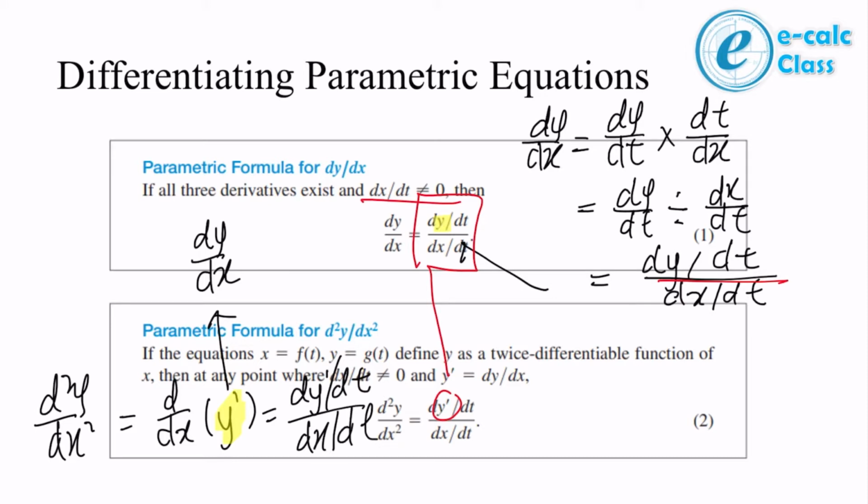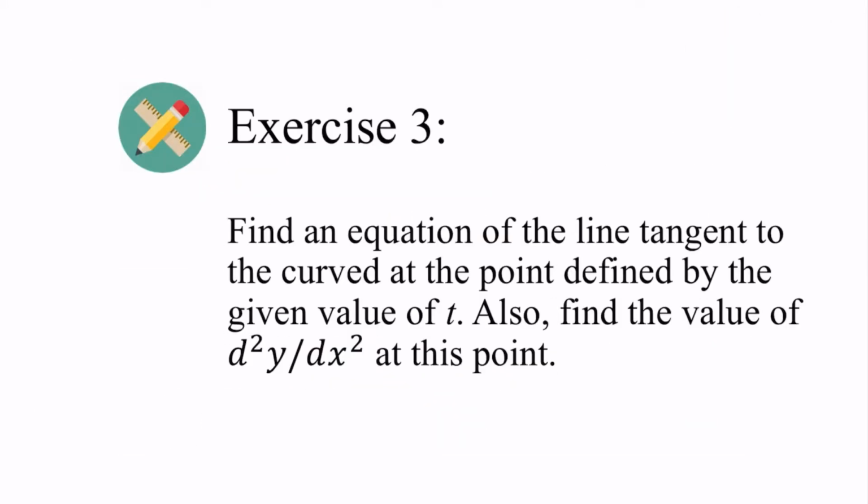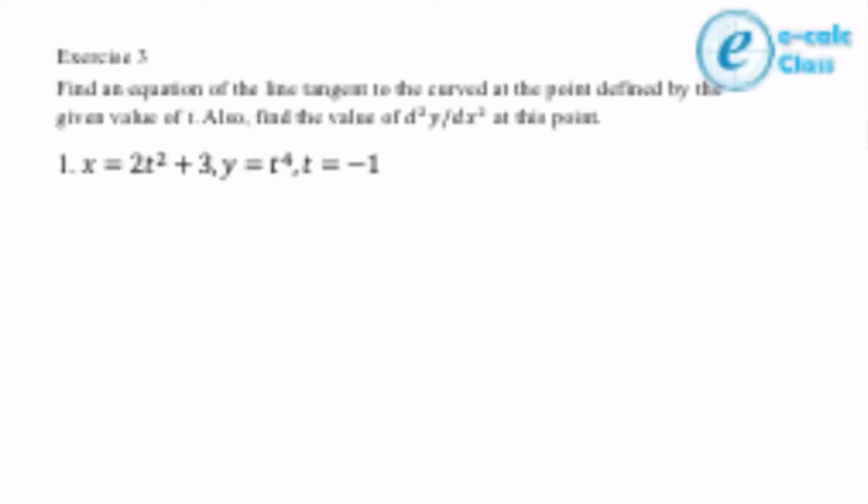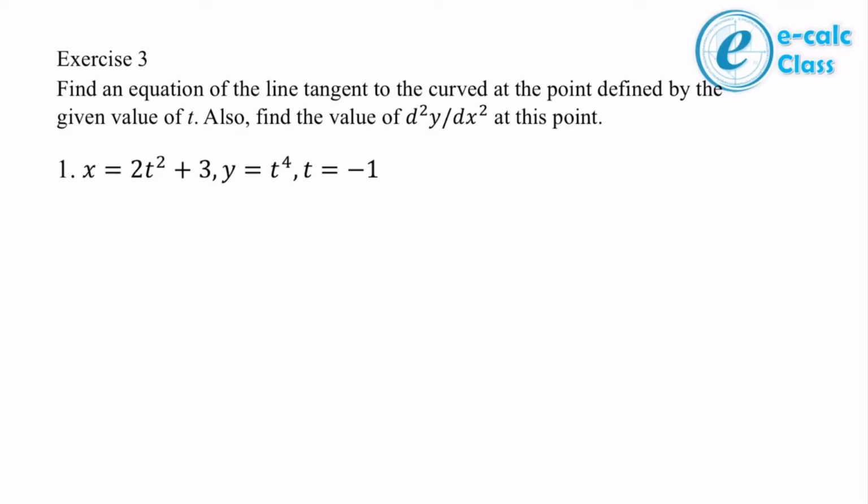Okay, we'll straight away do some exercises, and I'll explain what we need to do along the way. So we need to find the equation of tangent, then we need to find the second derivatives. In order to find the equation of tangent, we need two things: number one, the slope of the tangent, and we need at least one coordinate, right?